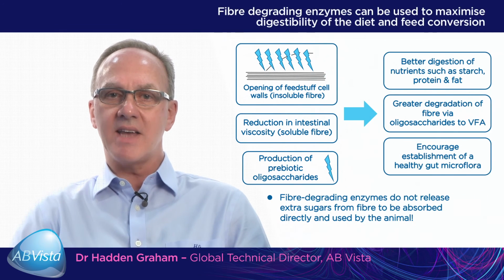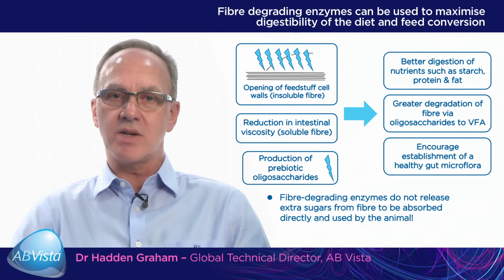If you add an enzyme to this type of diet, what the enzyme can do is break down those insoluble fibres, open up those cell walls, allow the animal's own enzymes to enter and degrade the nutrients such as starch and protein. The fibre degrading enzymes will also quite quickly reduce the viscosity. That will allow the animal's own enzymes to move quickly in the gut.